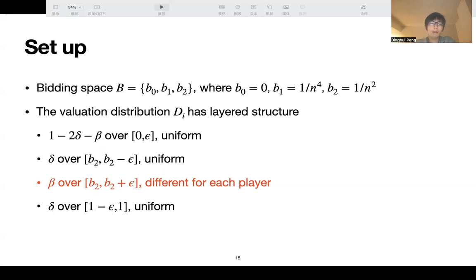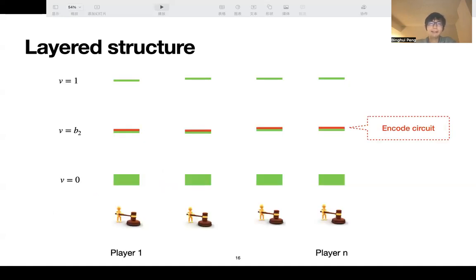And finally, there's a probability mass delta over 1 minus epsilon and 1, and it's also uniform there. So from a high level, the hard instance has a layered structure. It has a large probability mass around 0, and some different probability mass around the value point B2, which is where we encode the circuit, and also some small value distribution around 1.